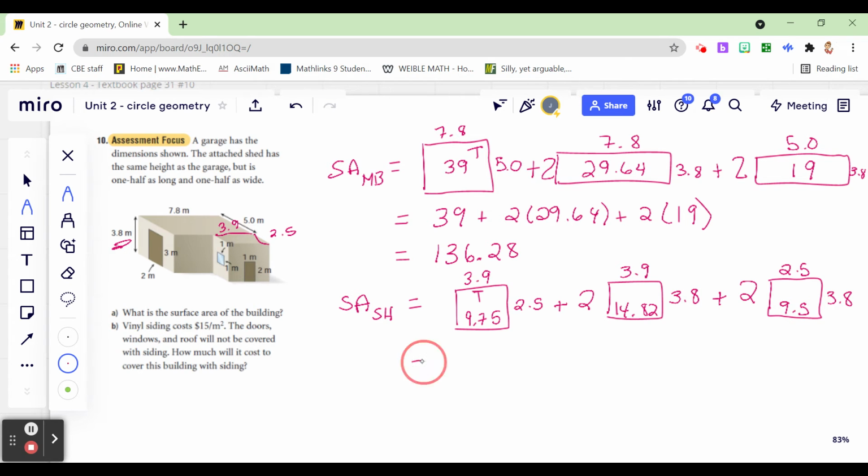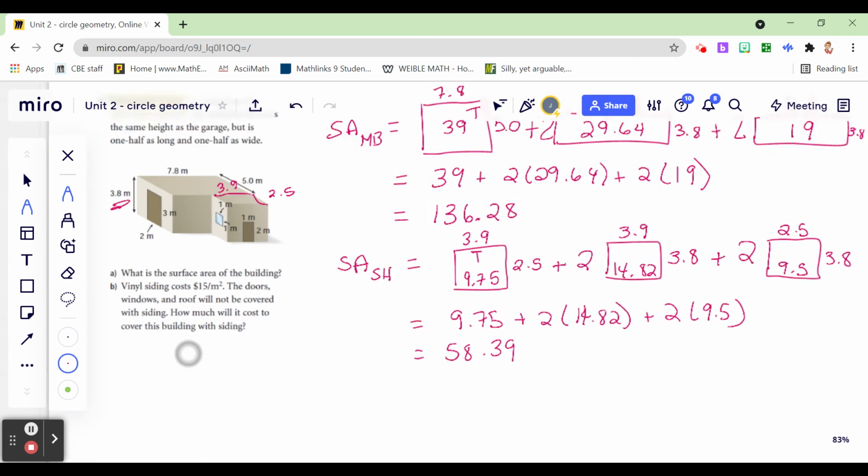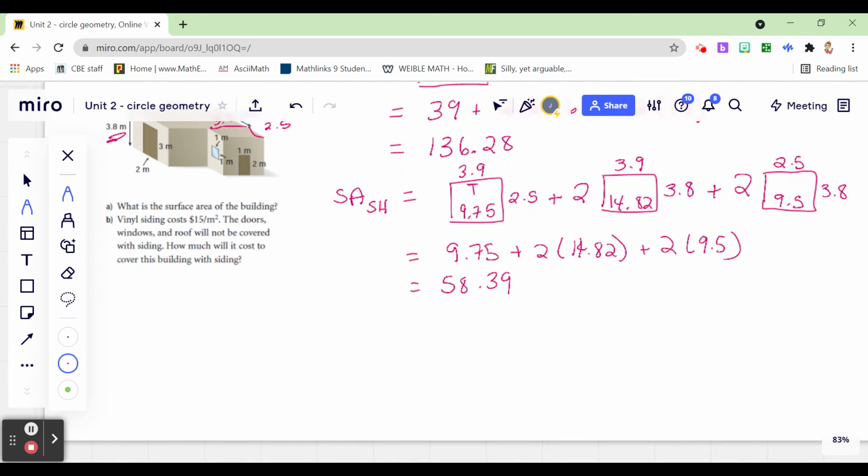All right, so now I can go ahead and calculate that, and it ends up being 9.75 plus 2 times 14.82 plus 2 times 9.5. So I end up with 58.39. Okay, so I'm going to scooch this down slightly so I have a bit more room.